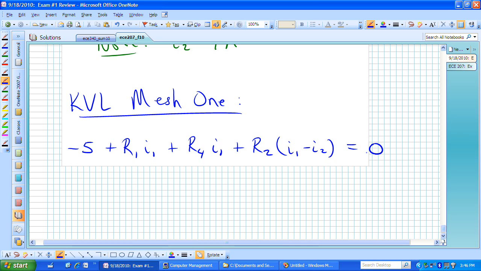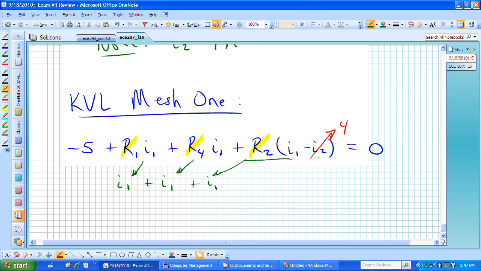Since we already know what I sub 2 is, which is 4, and because all of these resistor values are 1, I'm now in a pretty good position, because I just have one equation in terms of this one unknown I sub 1. I have I1 right there, another I1 right there, and a third I1 from this piece.